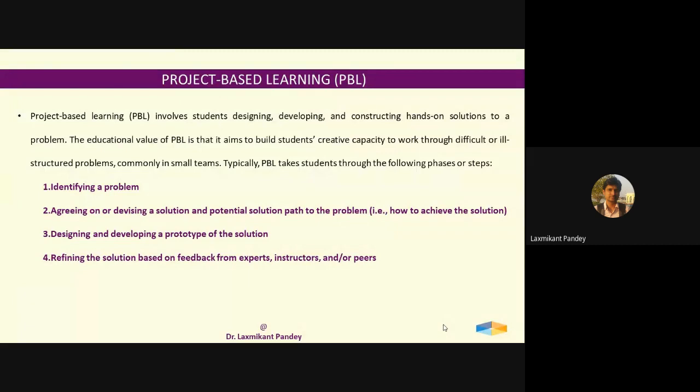He or she will take feedback from the expert who is working in those particular areas. He will discuss with the instructor, and he can discuss with other persons also. This is what we call interaction ability, or communication skills.